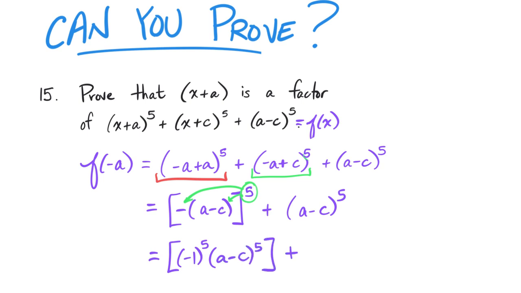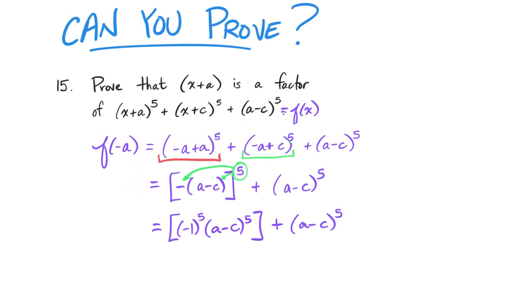And then I still have my plus a minus c to the 5th. Now that I've broken apart that power into 2 other powers, I can calculate everything I can. So that negative 1 to the 5th out in front is a negative 1. Clearly, I'm not going to write the 1, that's horrible form. So it is my negative of a minus c to the 5th plus my a minus c to the 5th.